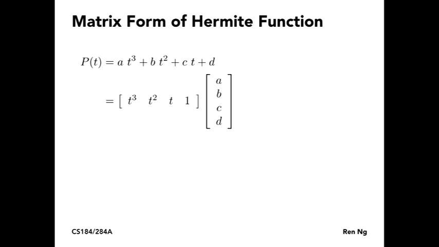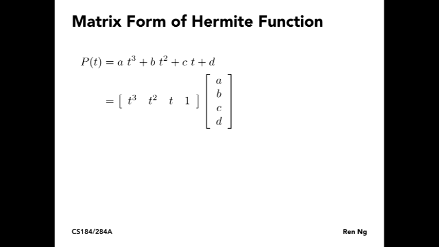We can write that in this matrix form, or vector form, so to speak. So a row vector with t cubed, t squared, t, and 1, and ABCD as a column vector, which is sort of a weird way to write it, okay? This is a little bizarre, actually. You almost never see a form like that. Well, anyway, it's fine. We'll write this polynomial function this way.